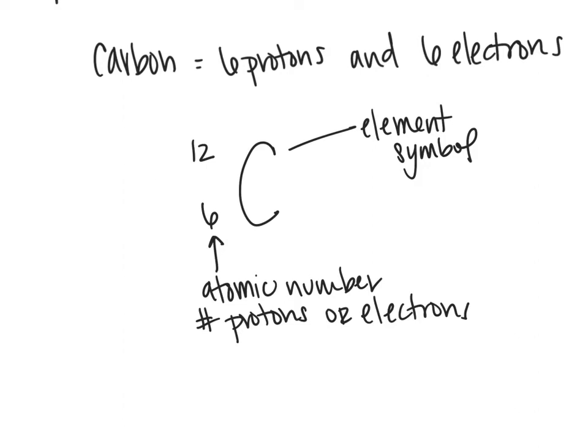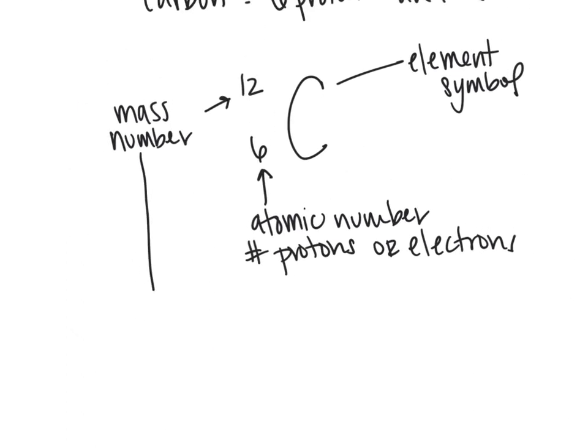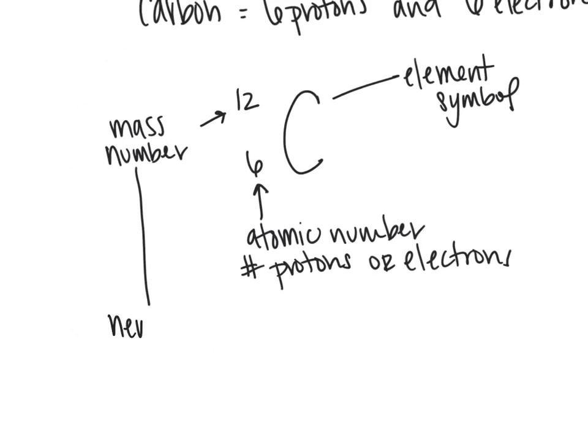This 12 up here is something called the mass number, and it is, in fact, the neutrons plus protons. So the mass number basically gives you an idea about how heavy it's going to be, and the atomic number is the number of protons or the electrons.